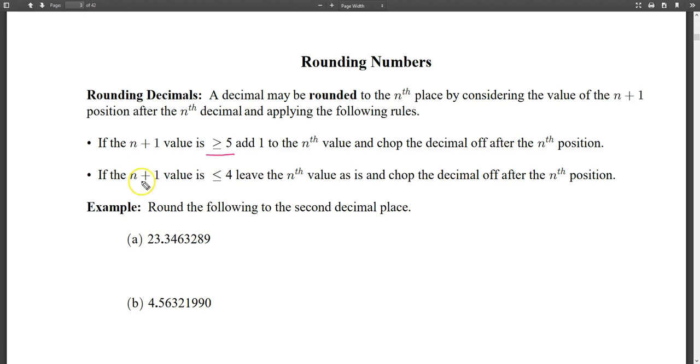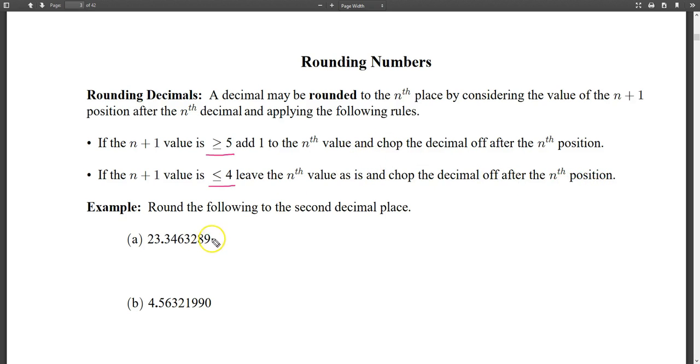On the other hand, if the n plus first value is less than or equal to 4, like 0, 1, 2, 3, or 4, then we leave the nth value as is, and we just chop the decimal off after the nth position. So that's how we round numbers.